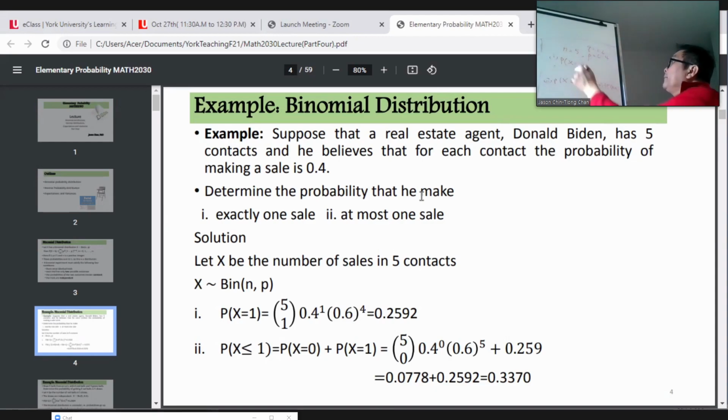So let's use the formula. 5, 1, and then 0.4 to the 1, and then 0.6 to the 4. Again, 1 plus 4 is equal to 5. So that is your answer, 0.2592.